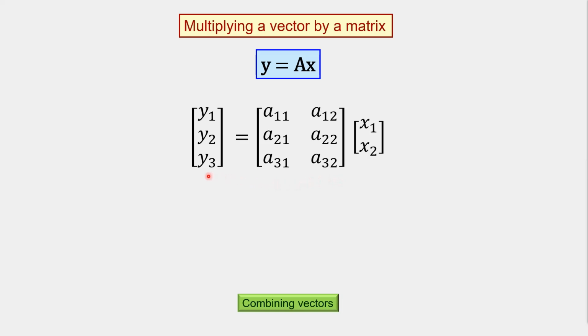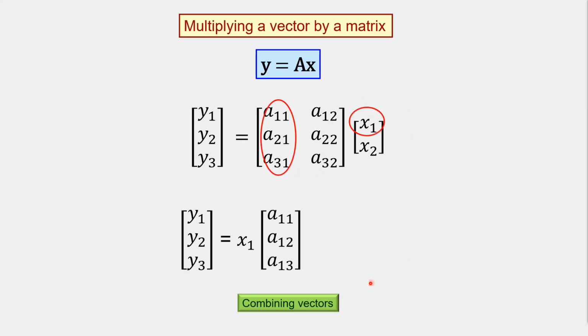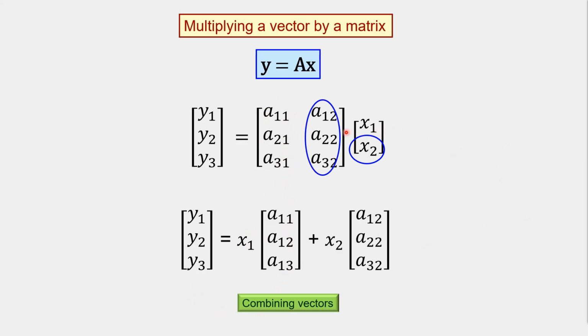We form the outcome of this matrix operation by adding these vectors and multiplying by these coefficients. That is, the final vector y is the first vector in A times x1 plus the second vector in A times x2.